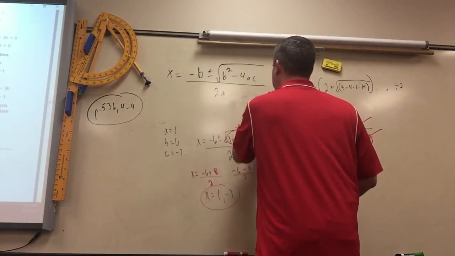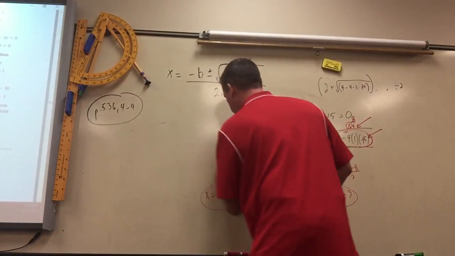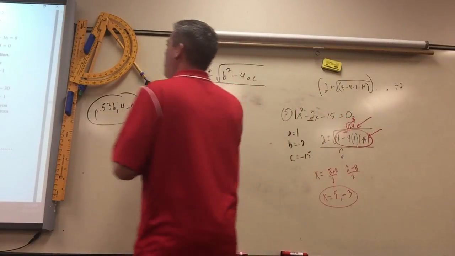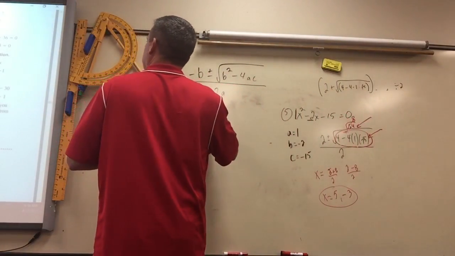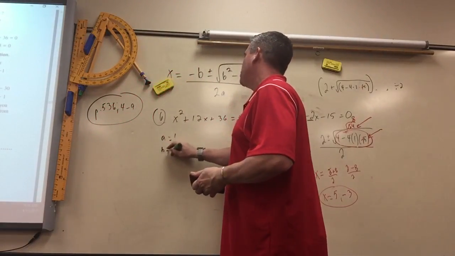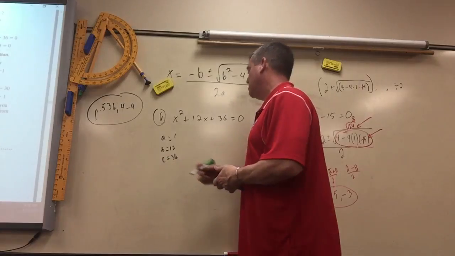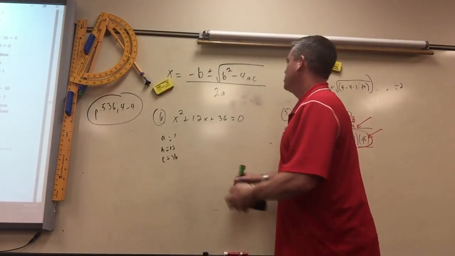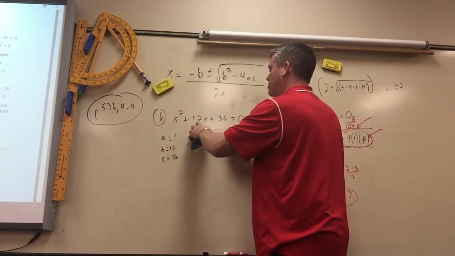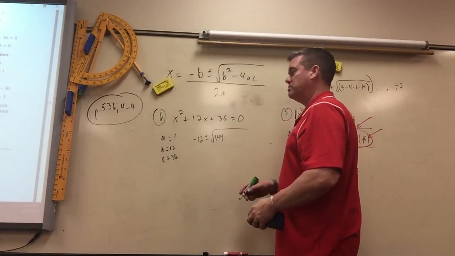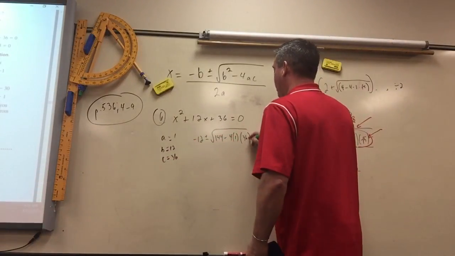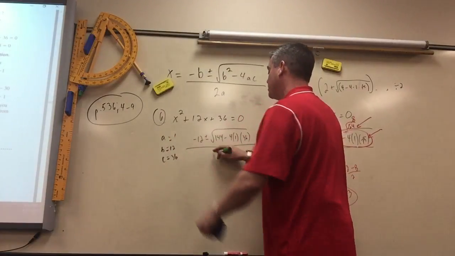All right, number 6. A is 1, B is 12, C is 36. So negative b plus or minus the square root of b squared, which is 144, minus 4 times a times c, all over 2 times a.